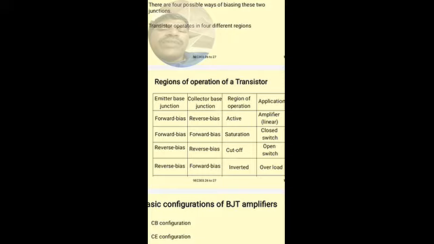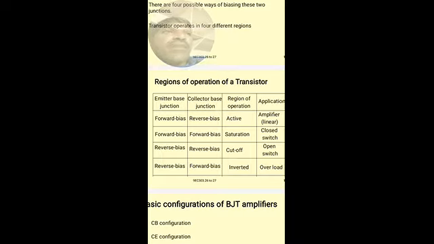And when both the junctions are reverse biased, that is the input junction, the emitter base junction, and the output junction, the collector base junction, both are reverse biased, then the transistor acts as an open circuit, no current flows through the transistor, so it acts as an open switch.